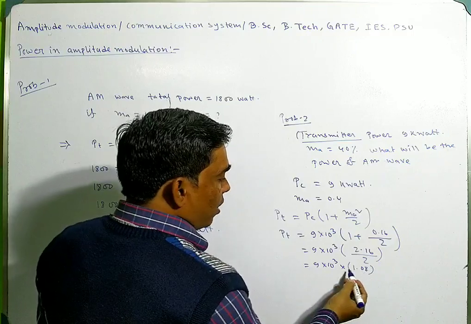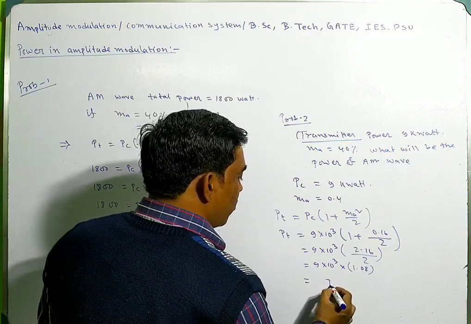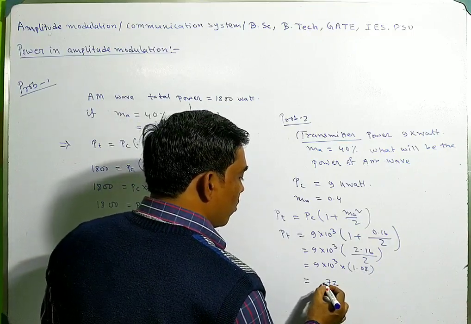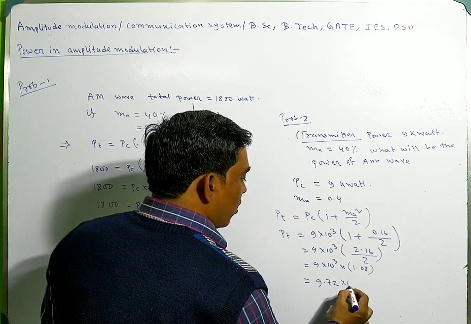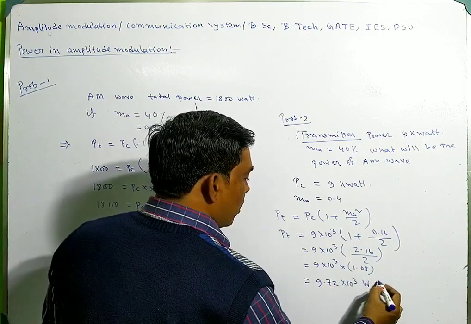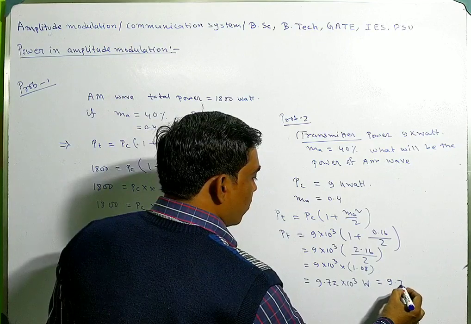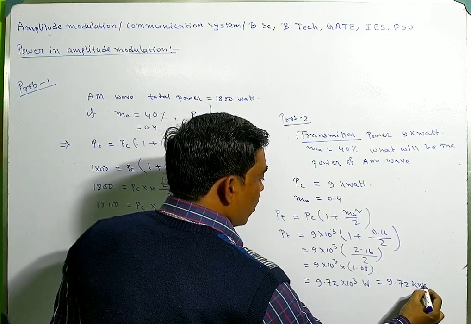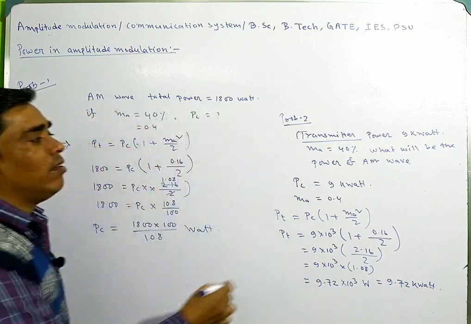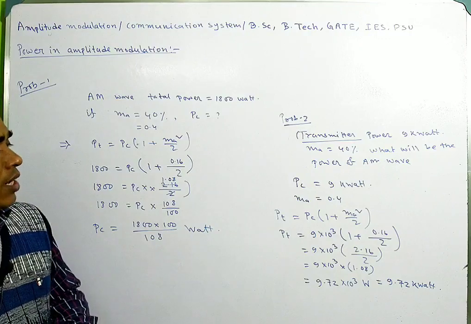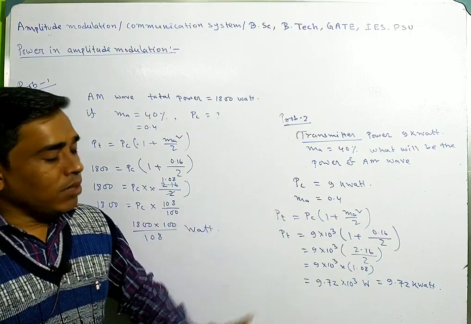If you multiply this, this watt you can write as 9.72 kilowatt. Okay, this is problem number 2. You can solve this problem in this way.